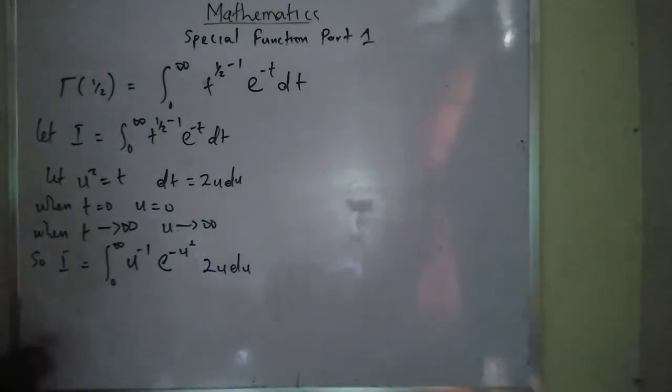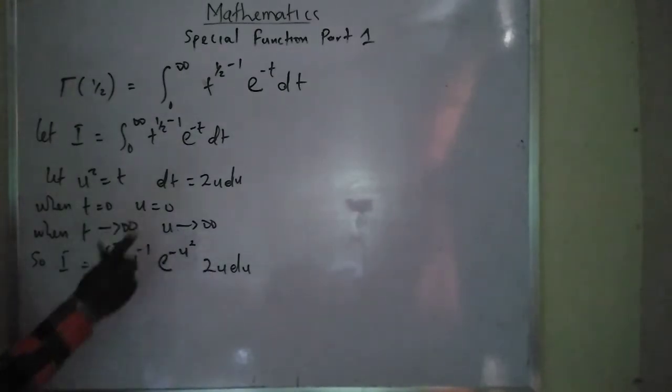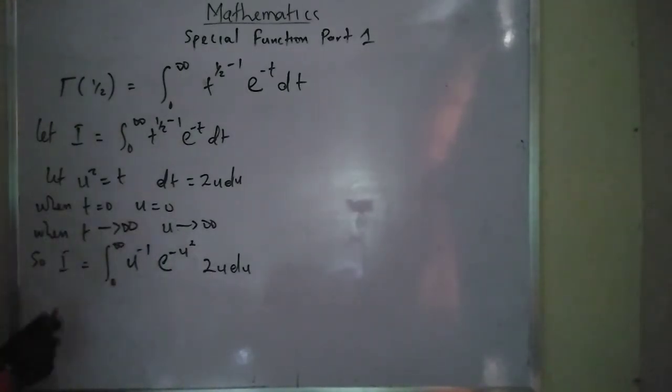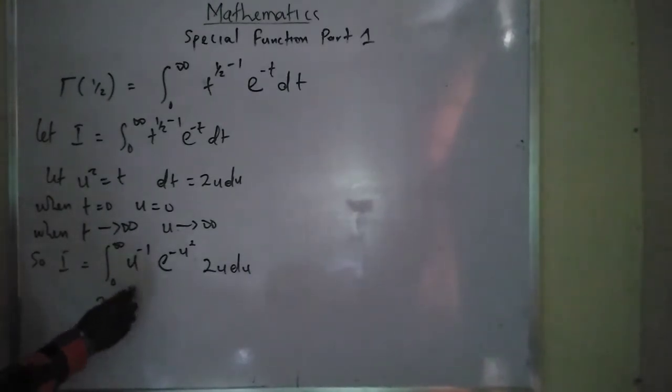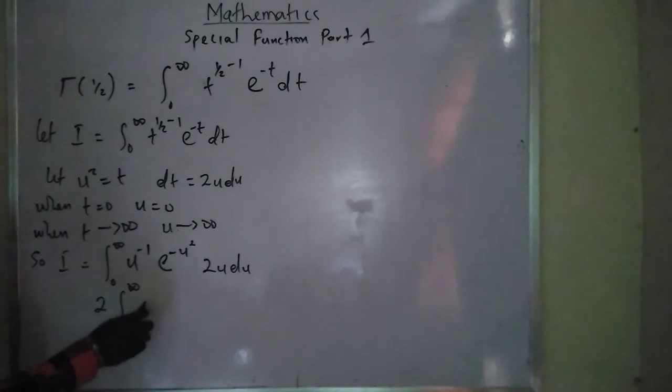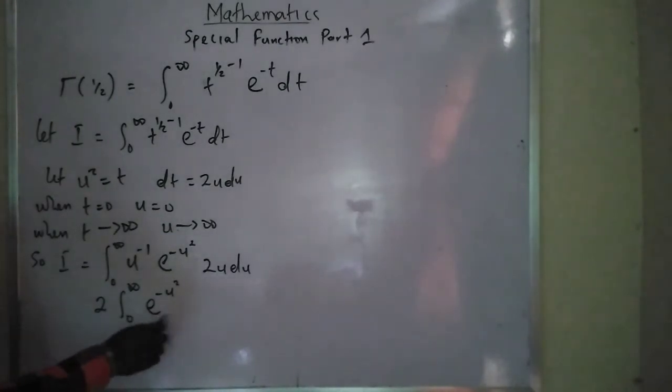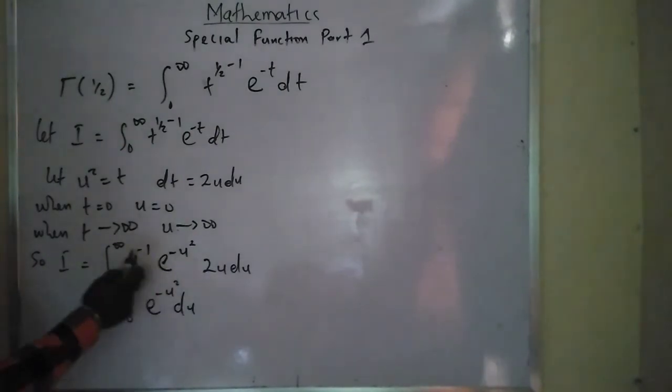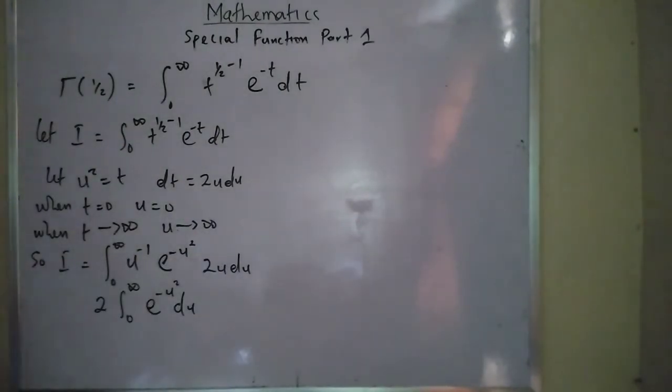What I'm just doing there is using my substitution skill. With what I have here, this u and this u will become 1, which is raised to the power 0. Now, I'll have 2 times the integral from 0 to infinity of e raised to the power minus u squared du. Since I have this, I will have a function like this.